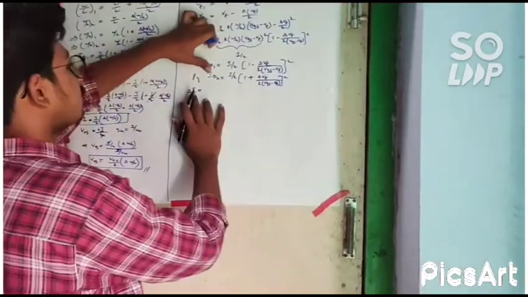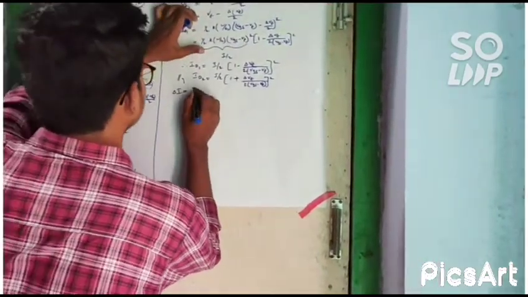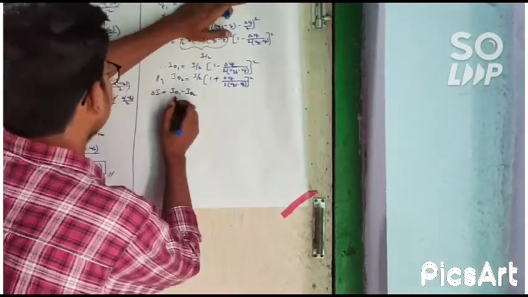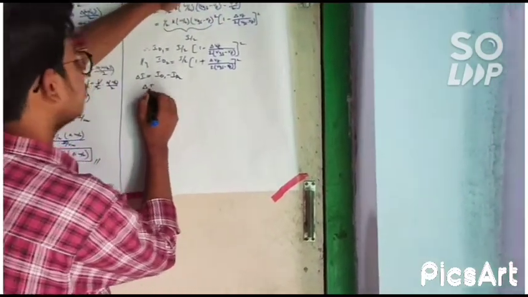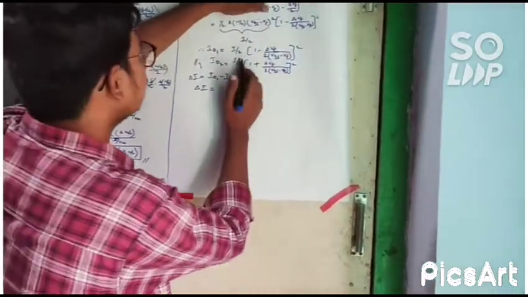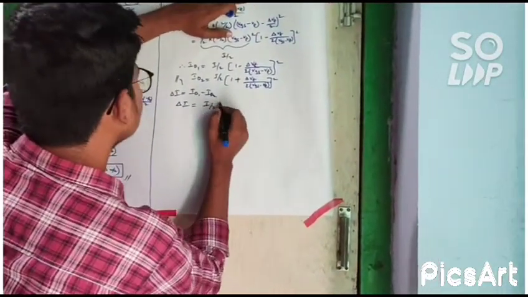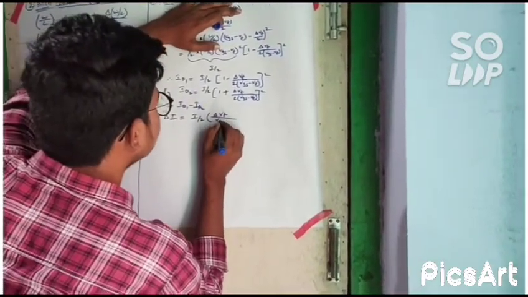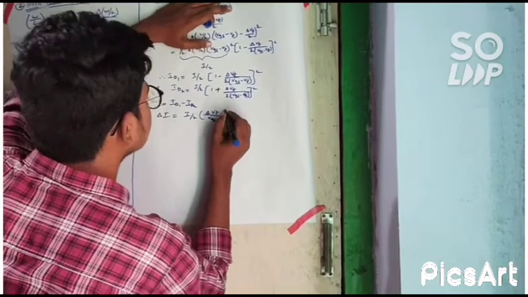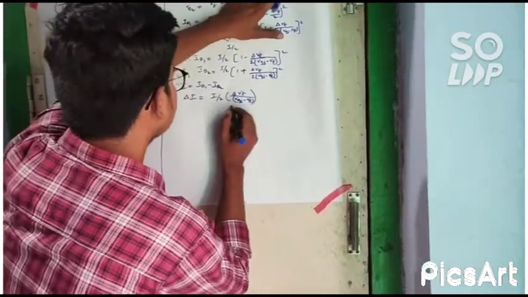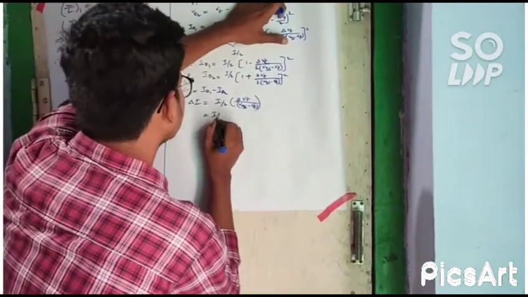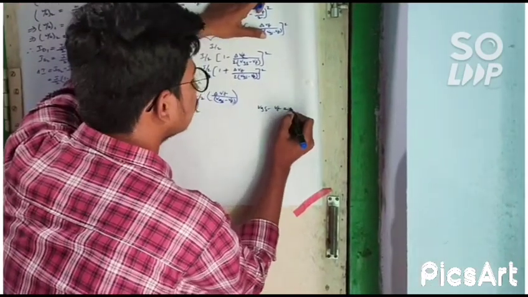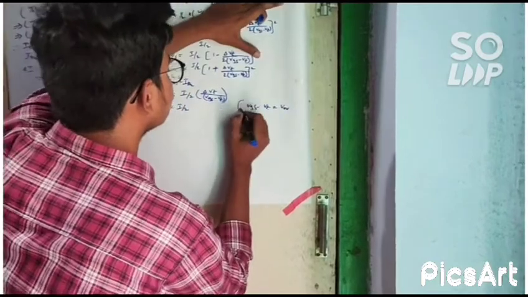Now we already know that these can be written as I by 2, which is half of the total current. Therefore, ID1 is equal to I by 2 into 1 minus delta VT by 2 into VGS minus VT whole square.